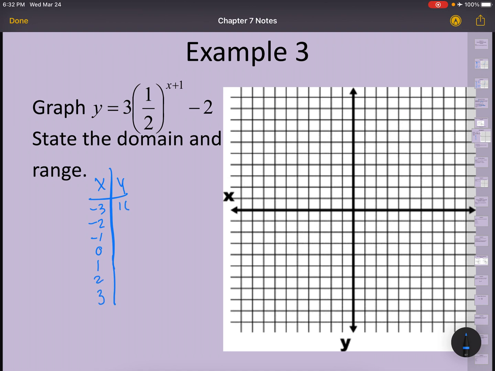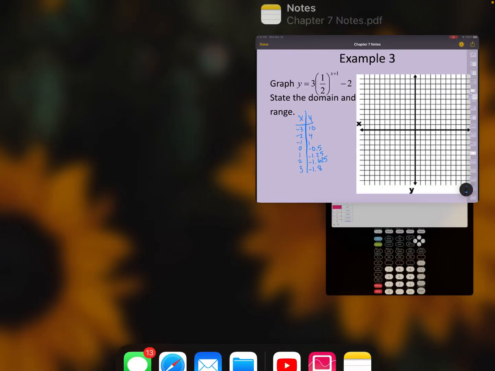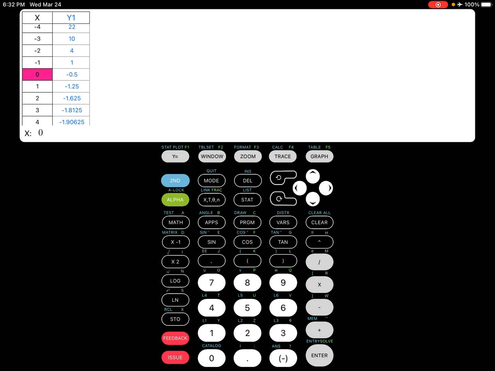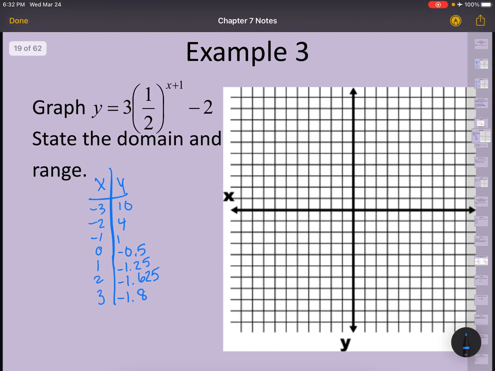So at negative 3 it was 10, at negative 2 it was 4, then 1, negative 0.5, negative 1.25, negative 1.625, and negative 1.81, let's say.